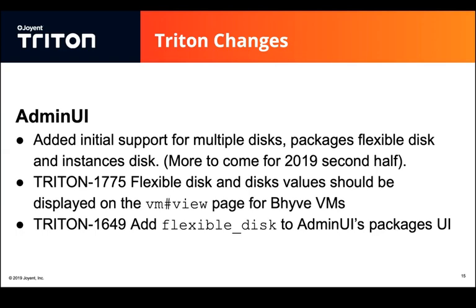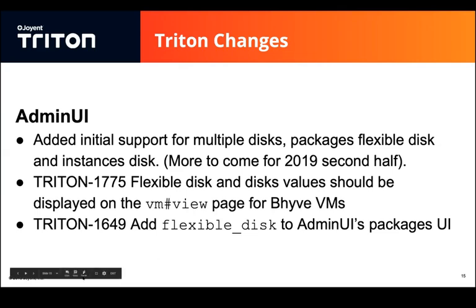So, for example, if you edit a package which already has flexible disk through AdminUI, you will not break it. Exactly the same for VMs. At least you can see that a machine has multiple disks, and exactly the same for packages. You can get the values. We added some more facilities to the package representation on AdminUI. We have a lot to add yet into the machine view.